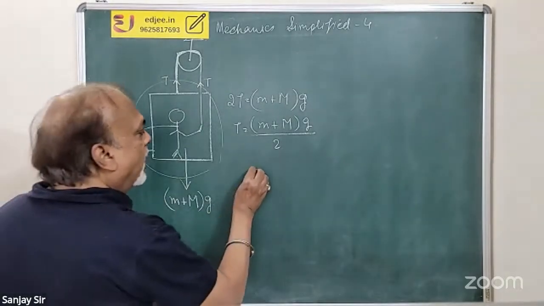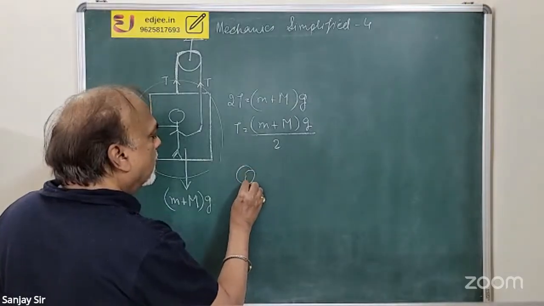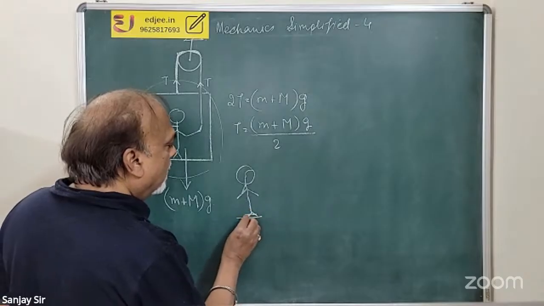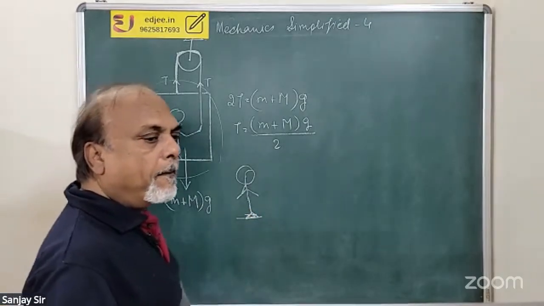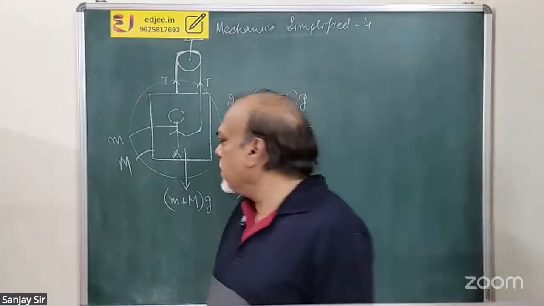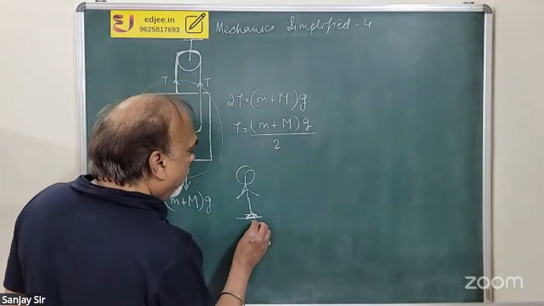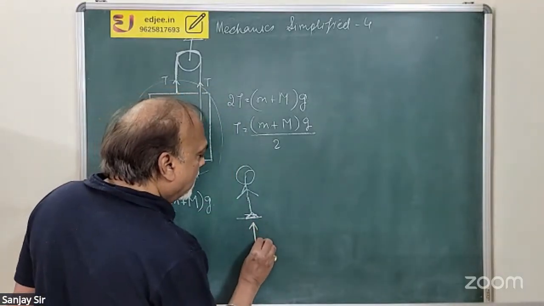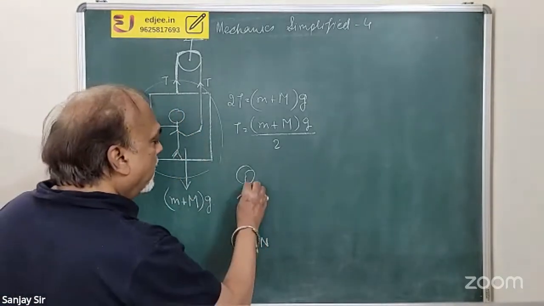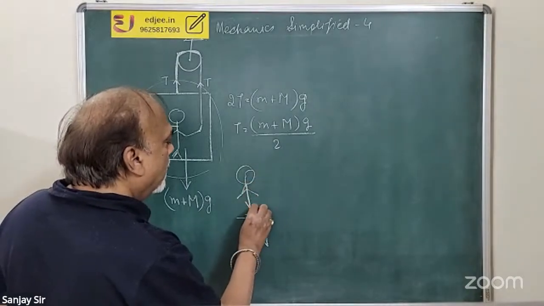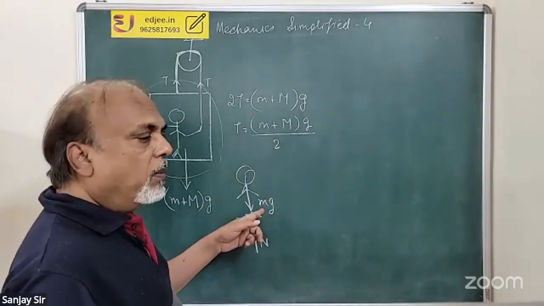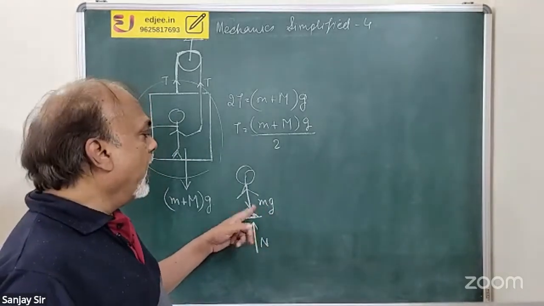For that, on the man, there will be a normal reaction due to the trolley, and there will be a downward force due to the mass of the man.